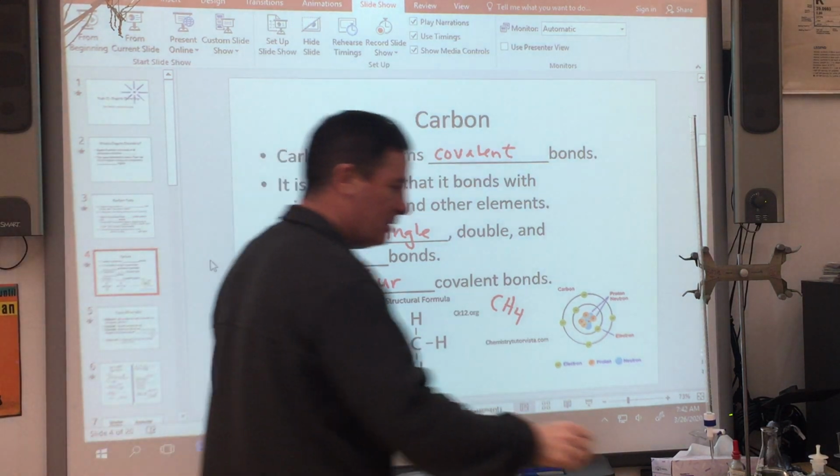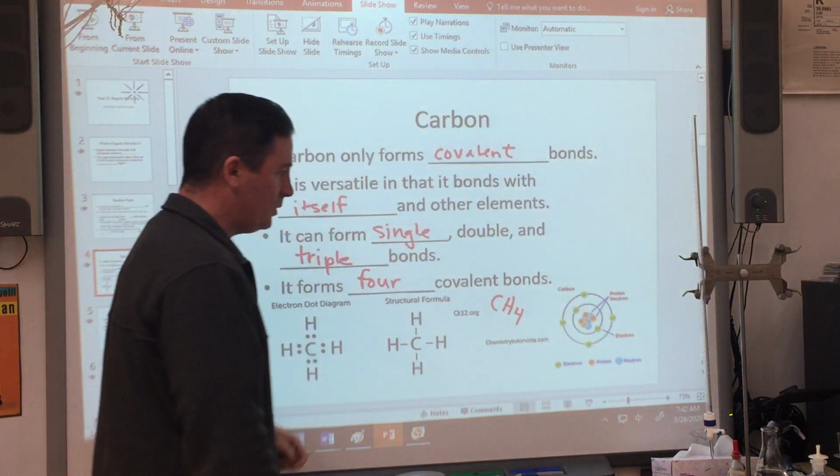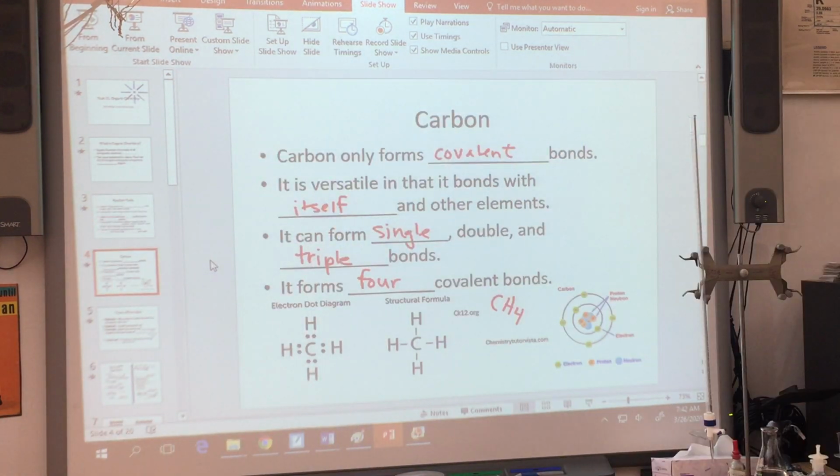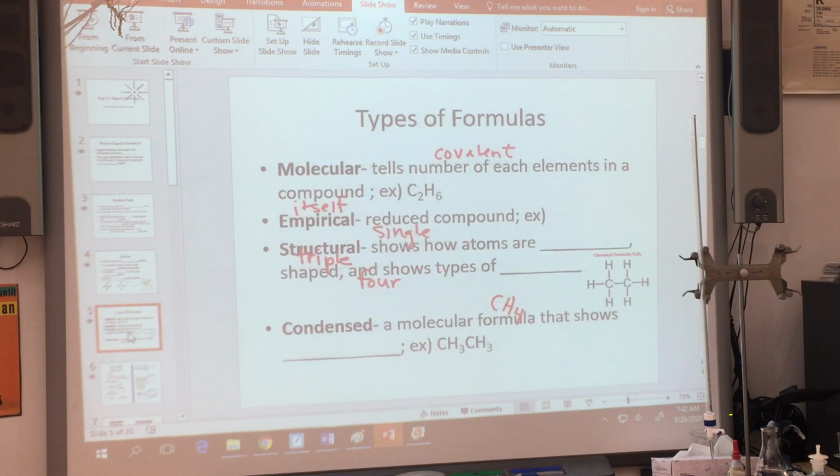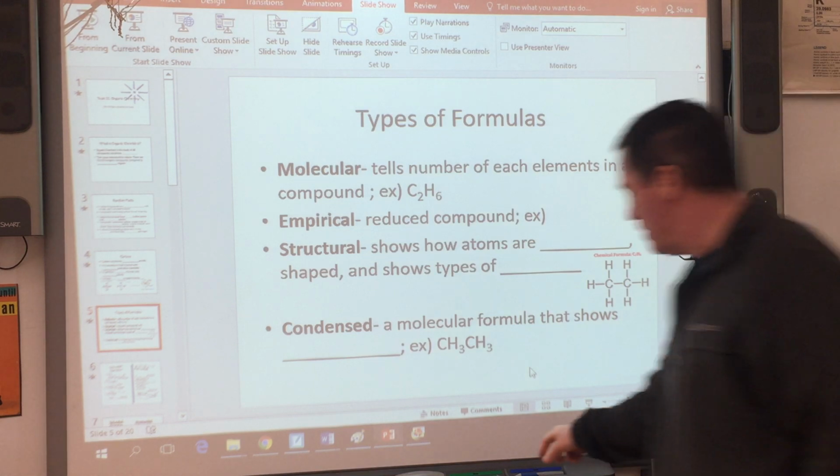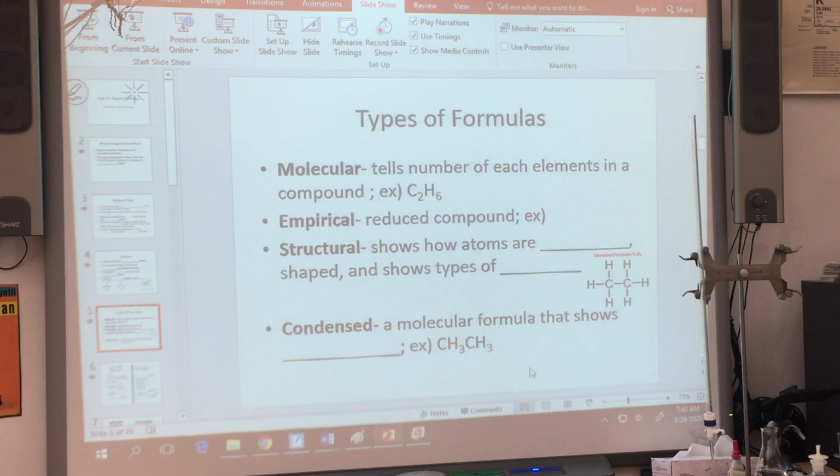So it can form molecules that are incredibly complex, and thankfully so, because we need them as humans to be complex, helping make up our cells. We should also be able to distinguish between the types of formulas.